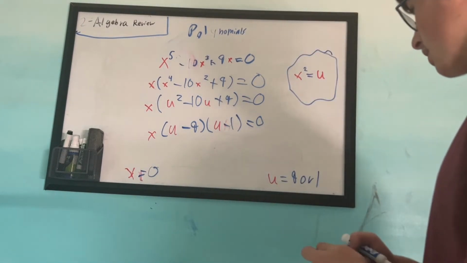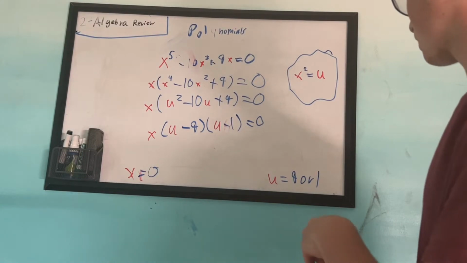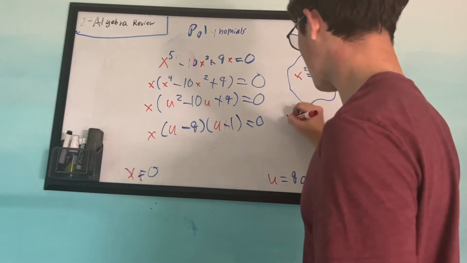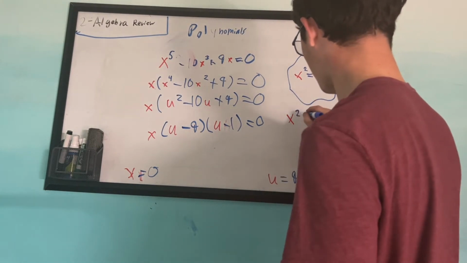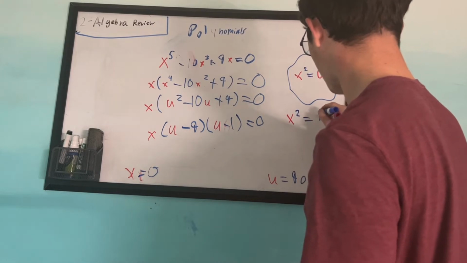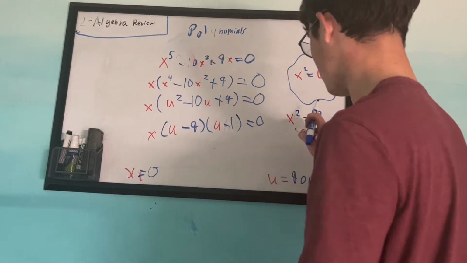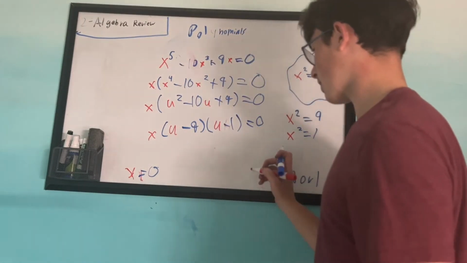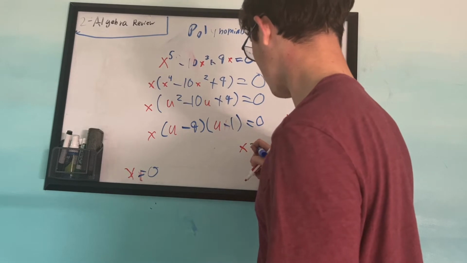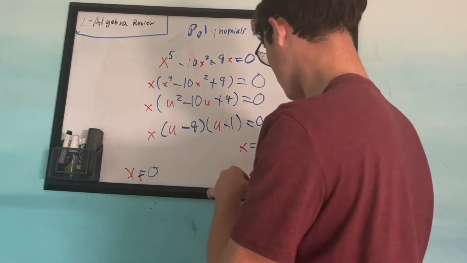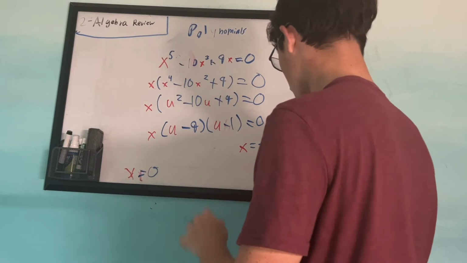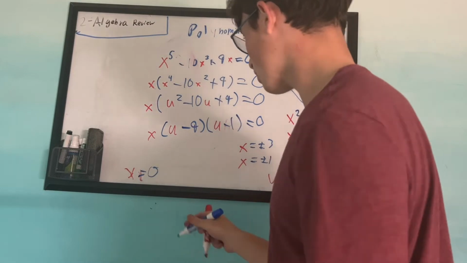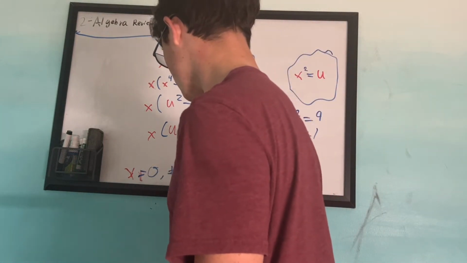And so the implication of that is that since we're trying to find x, we can then use substitution back in and say that x squared equals 9, and additionally x squared equals 1, and then from that say x equals plus and minus 3, as well as saying x equals plus or minus 1, which leaves us with all of our solutions.